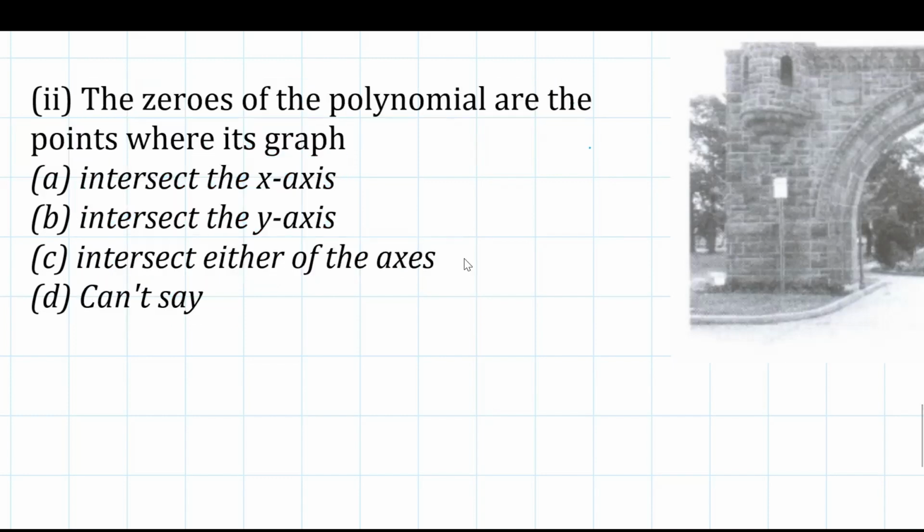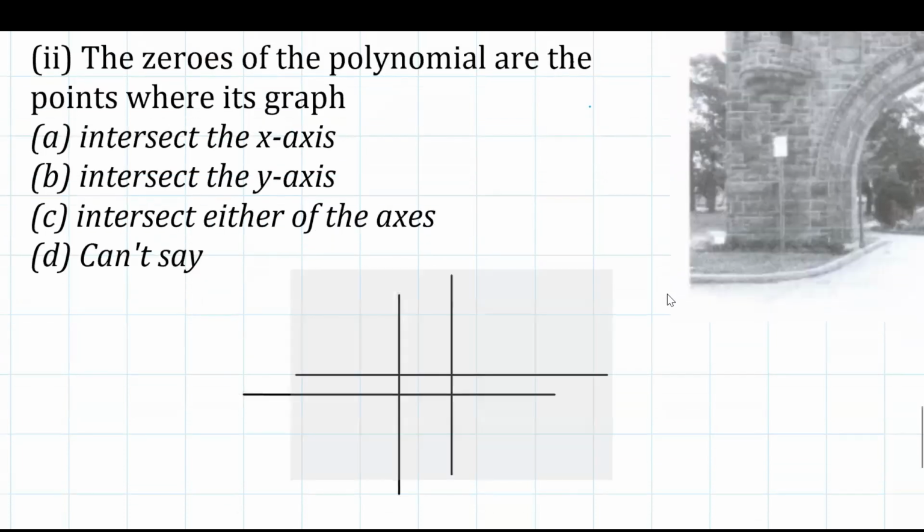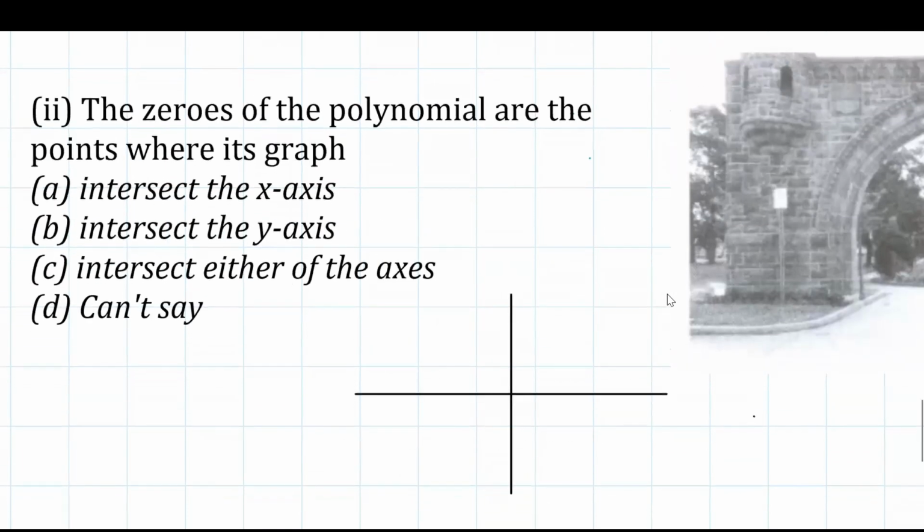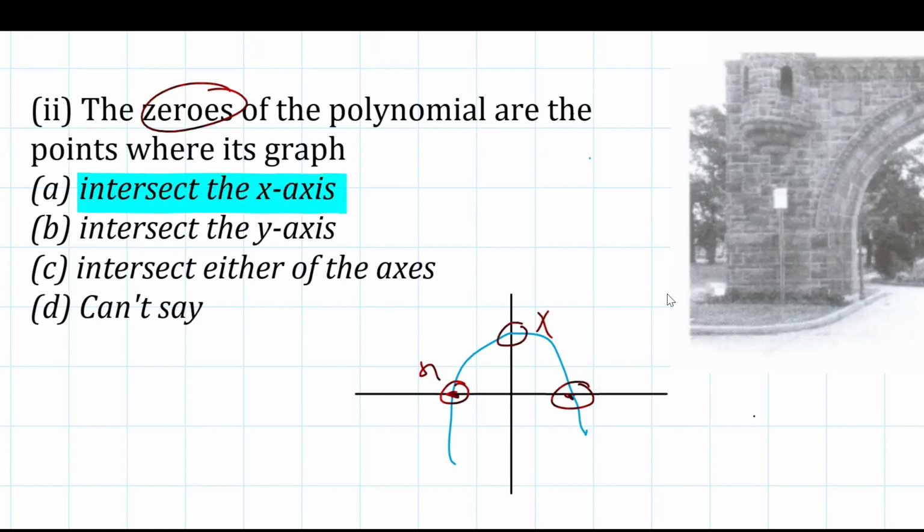If you remember, if I make a Cartesian plane over here, the horizontal one is the x-axis, and if I make a parabola like this, how do we find the zeros? Zeros are the x coordinate of the point where the line touches the x-axis, right? And not the y-axis. So we can say that the correct answer is option A in this case.